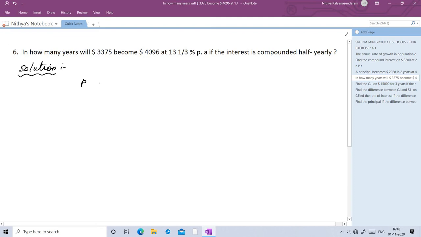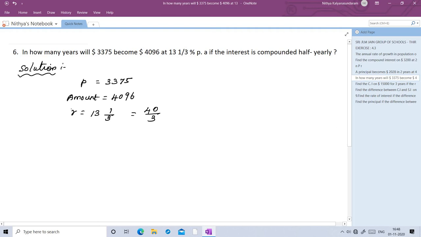Our principal is 3375, then amount is 4096, R is equal to 13 1/3. It's a mixed fraction, change into improper fraction: 13 3s are 39 plus 1 is 40/3.